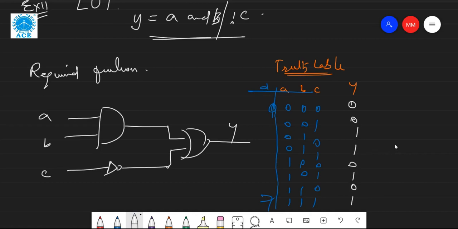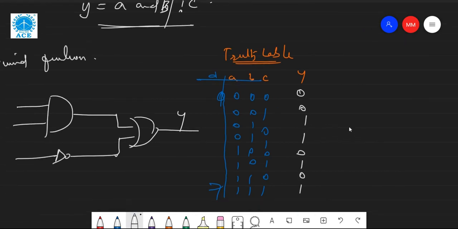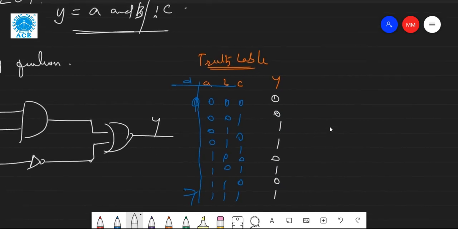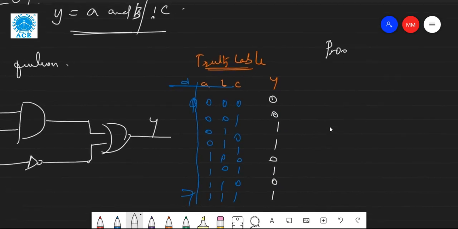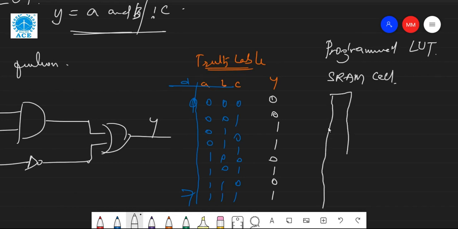Then how is the lookup table programmed? If I take an SRAM cell based one, then basically the SRAM cells will be like this: 1, 2, 3, 4, 5, 6, 7, 8 blocks.